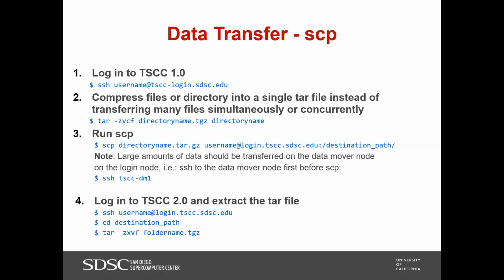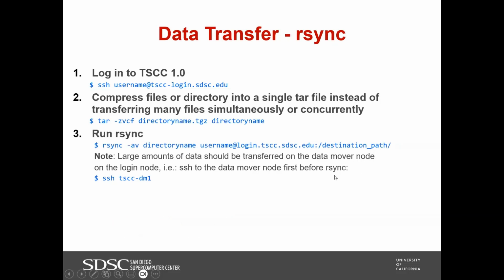Once you have transferred the files you need, you can then log into TSCC2 and extract the tar file. And this is the tar command to extract it. Right. For data transfer with rsync, the procedure is almost the same.